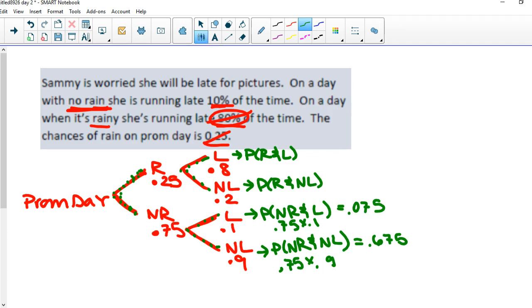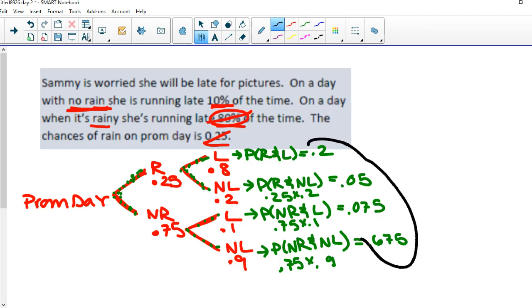Rain and not late is going to be 0.25 times 0.2, and that's going to equal 0.05. And then finally, rain and late, that's going to be 0.2. Now, these numbers right here are the numbers for which we base our probability questions off of.